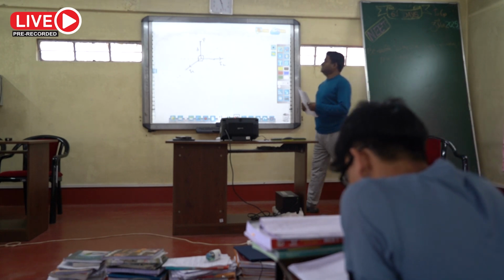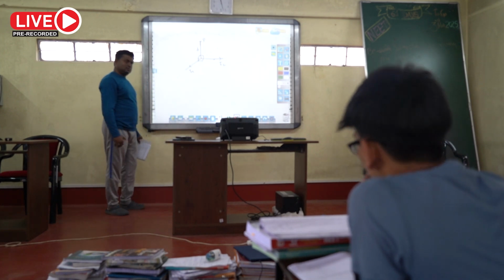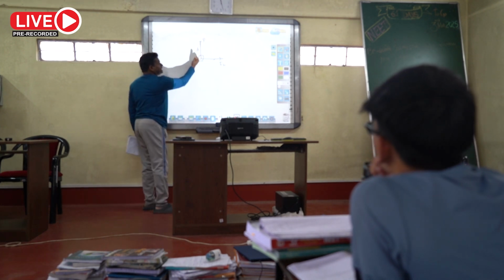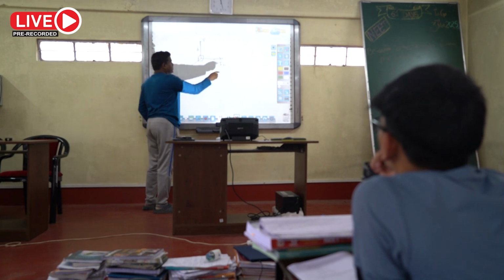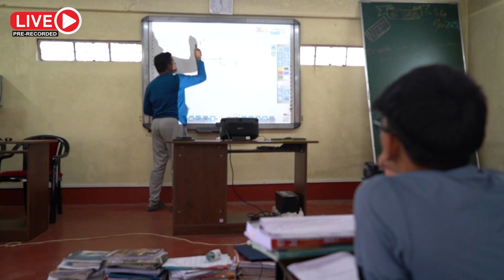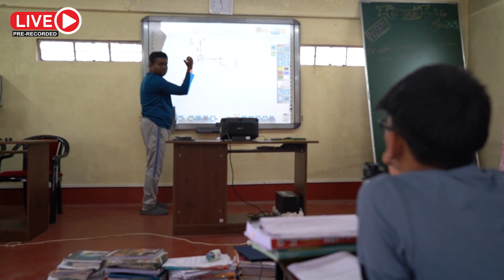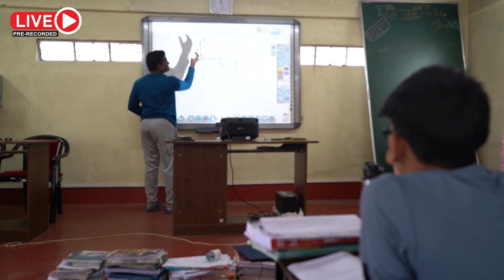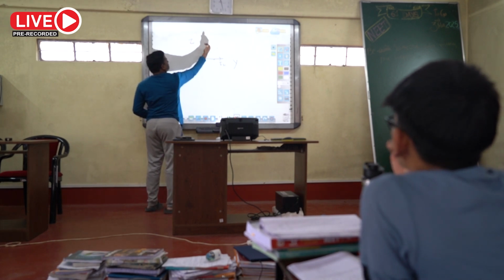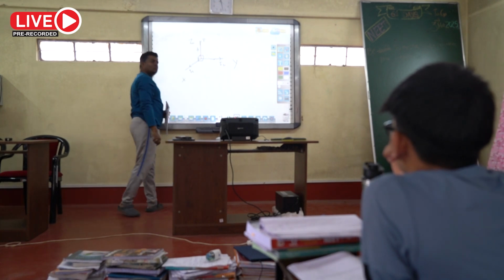Then, see, for I1, I1 is actually coming out of the board. This is the x direction, this is the y direction, this is the z direction. Since I1 is coming out of the board, at this point P the field is directed in the negative y direction.